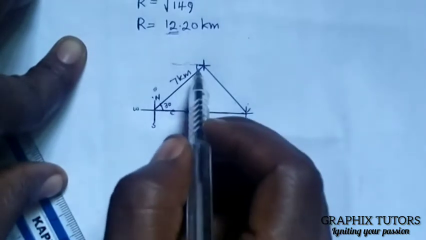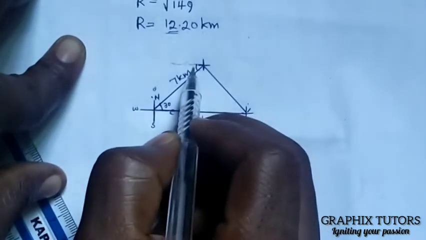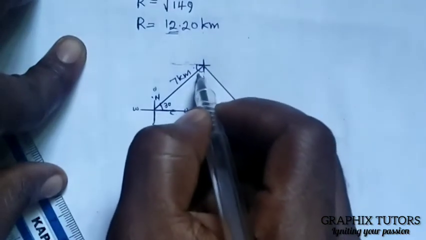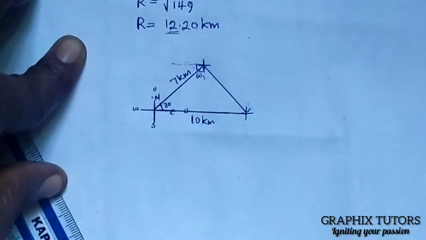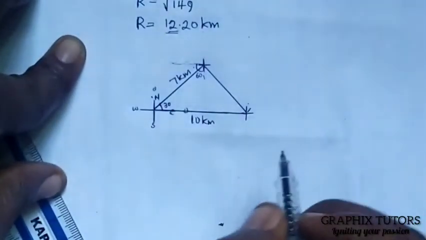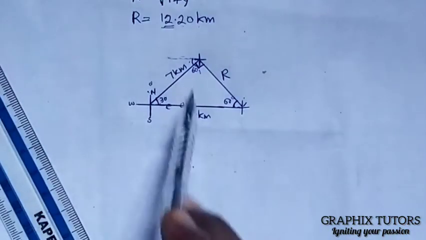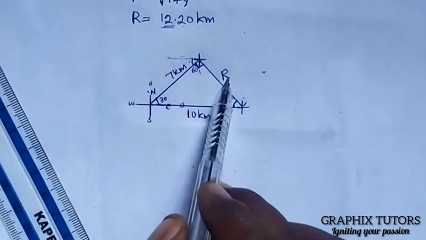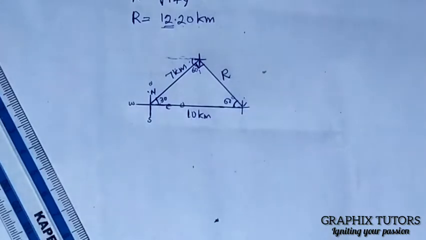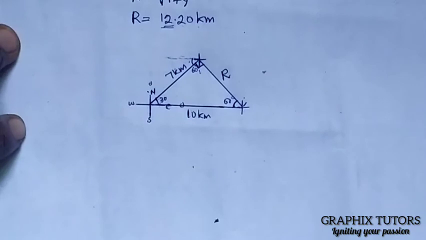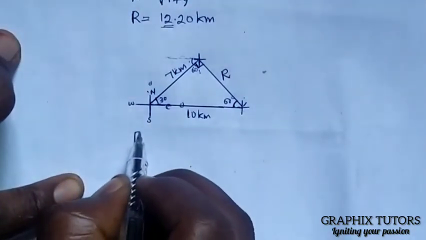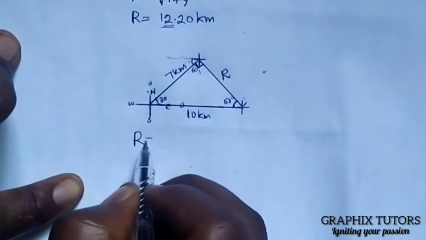If it's 30, here also will be 30, and the remaining part here will be 60, right? So what you need to understand is that if you have two sides and an included angle, which is 30, we can use our cosine rule. So we say that my R here is equal to what?